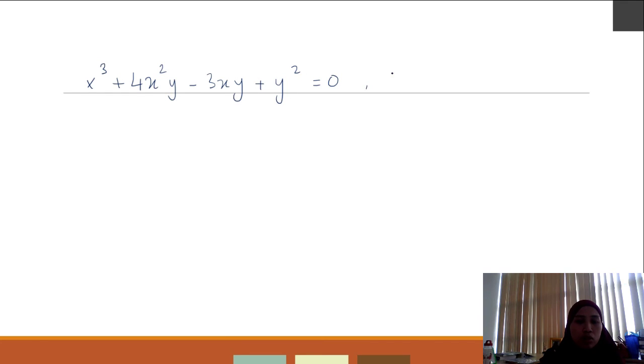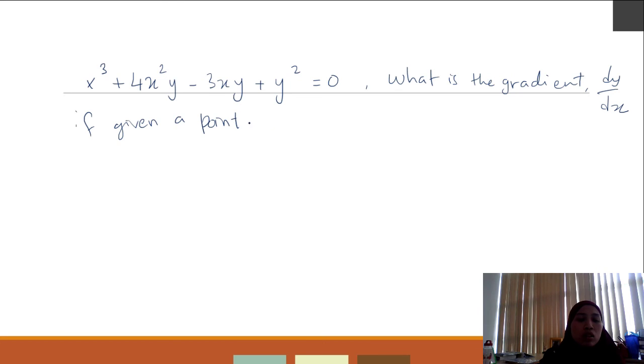From this, what is the gradient, which is dy/dx, if given a point of (1, 2)?